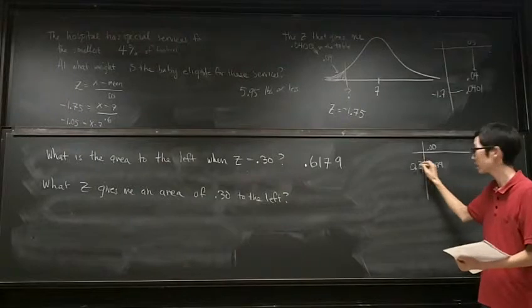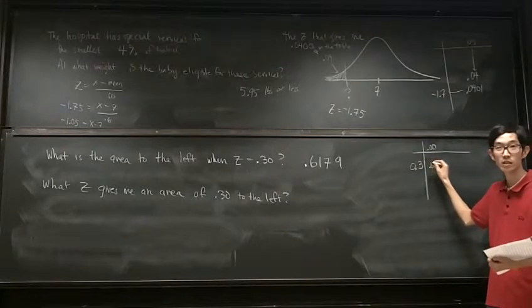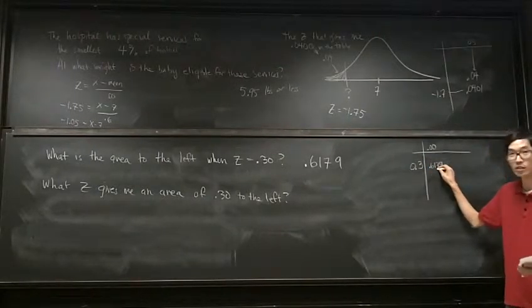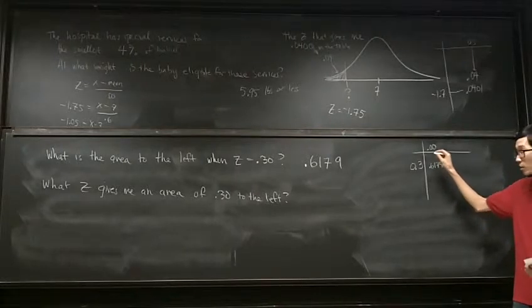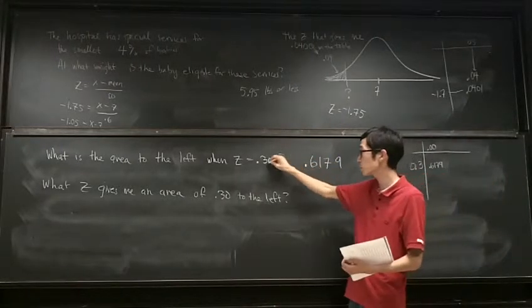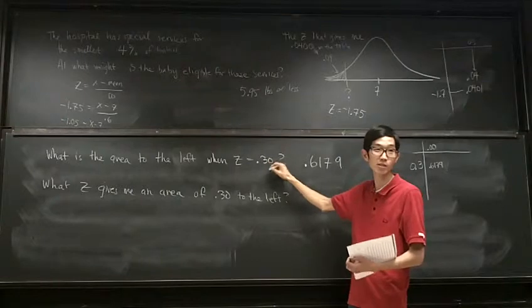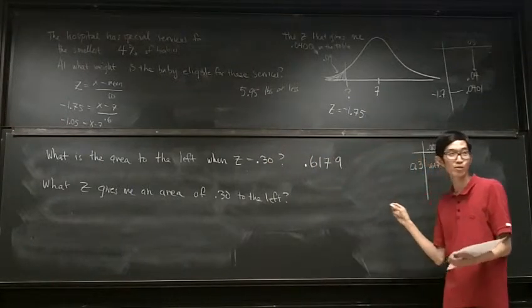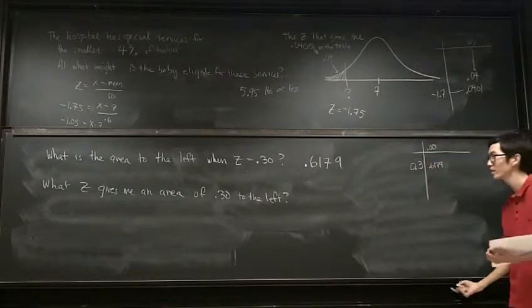So this is our answer here, 0.6179. We have to be comfortable with decimals and recognize that 0.30 is the same as 0.300.